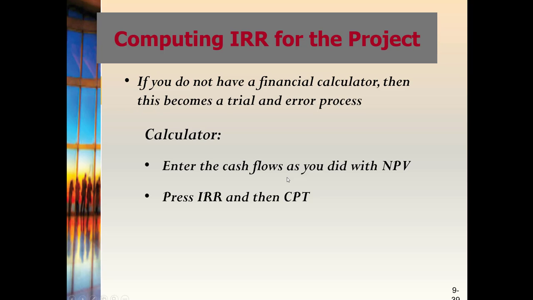There's an IRR function for you. We have an in-class exercise with the finance calculator to show you how to use the IRR function. And actually, the IRR function is very closely related to net present value. So if you understand how to use net present value in your finance calculator, it should be easy to learn the IRR function as well.